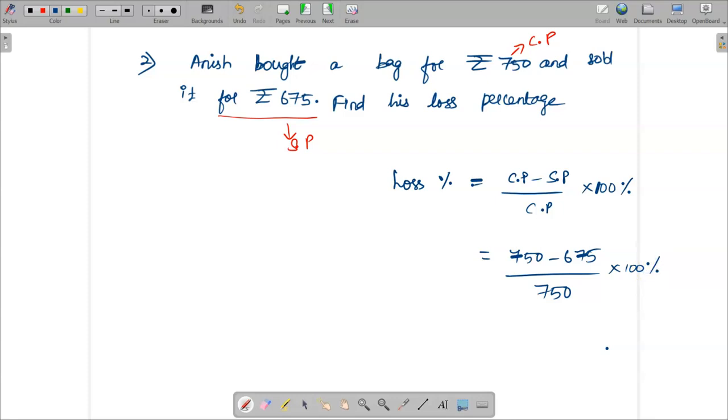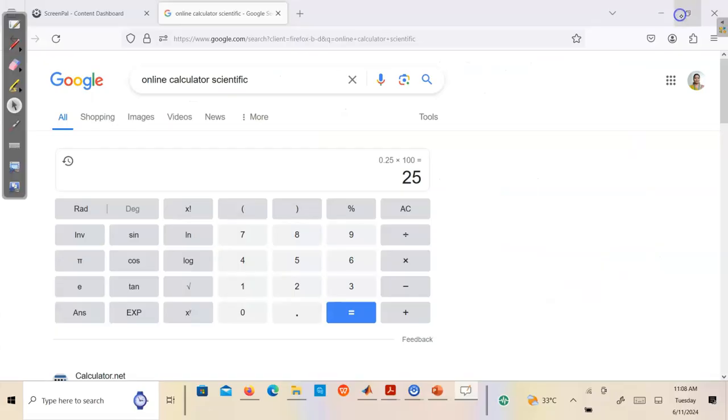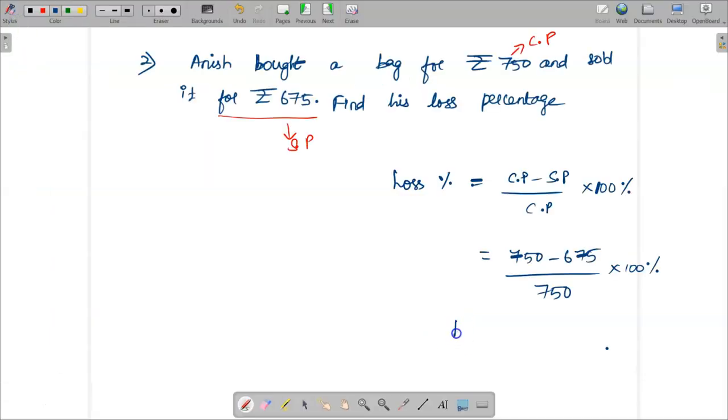So 750 minus 675, let me use a calculator, is nothing but 75. And this value divided by 750 into 100 percentage is nothing but 10 percentage. So the loss percentage is equal to 10 percentage for this problem.